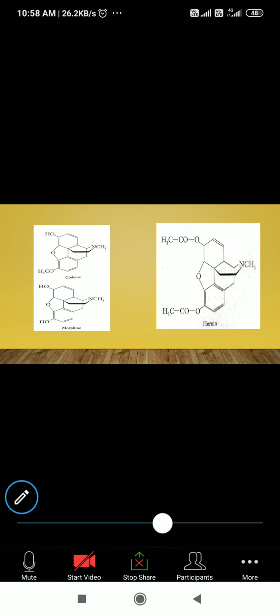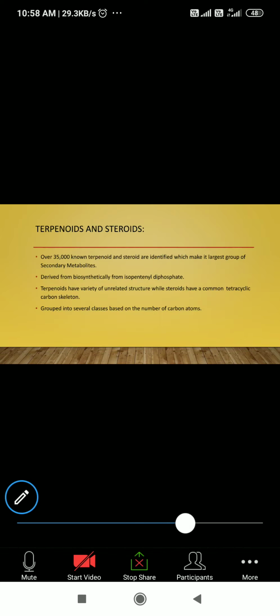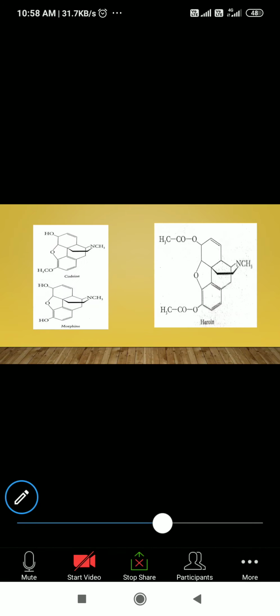The secondary metabolites produced by these are alpha-solanine and tomatine. Alpha-solanine and tomatine are the two secondary metabolites produced by the potato, Solanum tuberosum, and the tomato. If both are taken in higher concentration, death will occur.